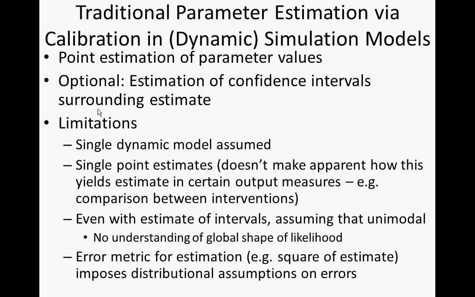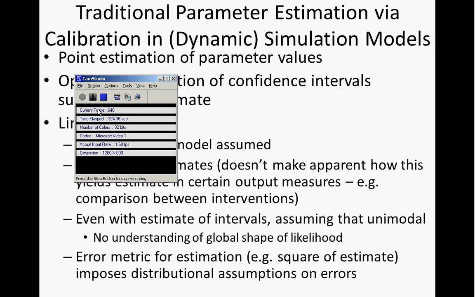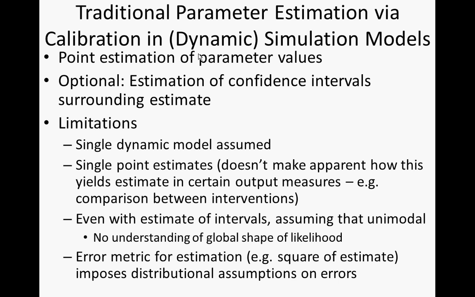Even when we do have estimates of intervals within the underlying system, there's often a quite strong assumption that we're dealing with a unimodal system. These are local estimates, traditionally around this maximum likelihood estimate, for example, a single point estimate. And there's limited or no understanding of the global shape of the likelihood.